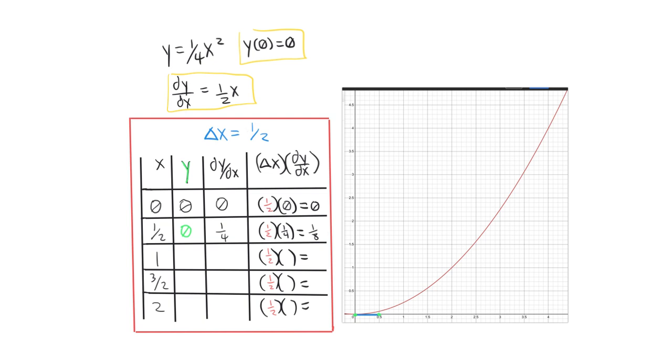Here's where I just want it to be made clear that the instantaneous slope of 1/4 is really what's happening here. But when we scale it to these smaller step sizes, this is really the better way to look at it, because what this is suggesting is that for every 1/2 unit over, we're going to be going 1/8 up.